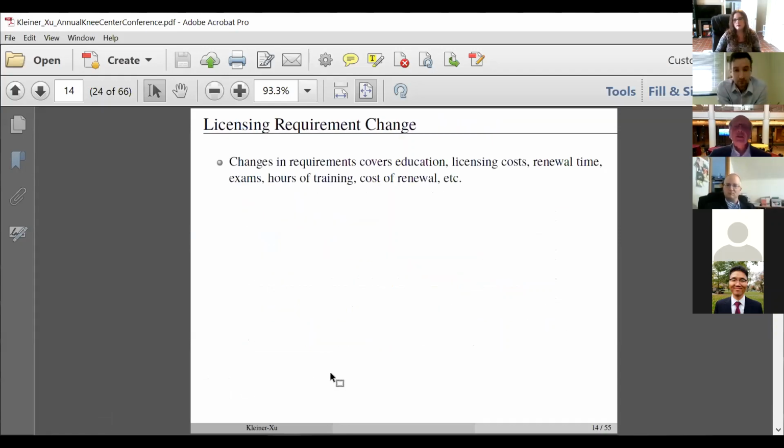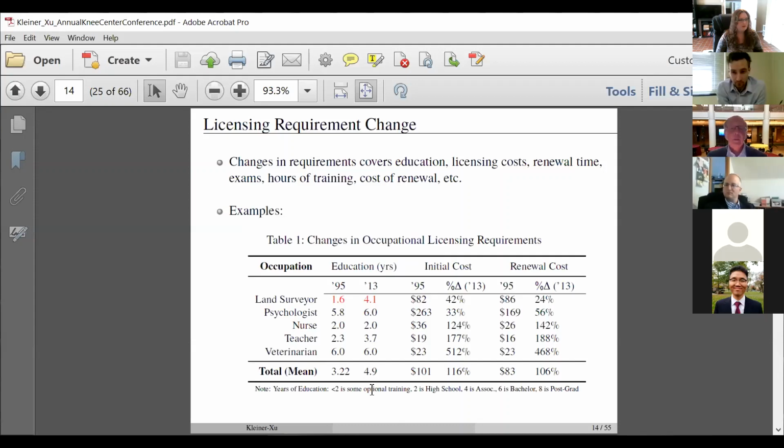Given these changes, the requirements cover education, licensing costs, renewal time, exams, hours of training, and costs of renewal. All these are costs of licensing, which really fit into our model. So there's both job-specific training and also training in terms of entering the occupation. Here are some examples.